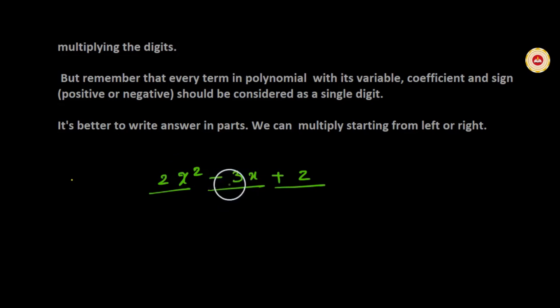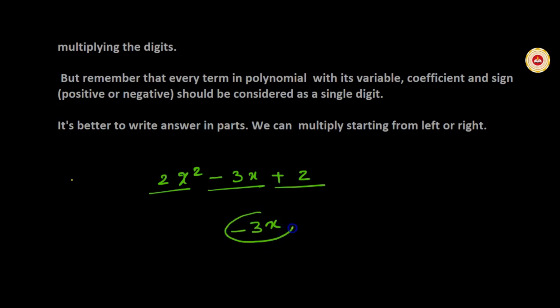For example, this middle term: sign is negative, numerical coefficient is 3 and variable is x. See, the third term is a constant term, plus 2.